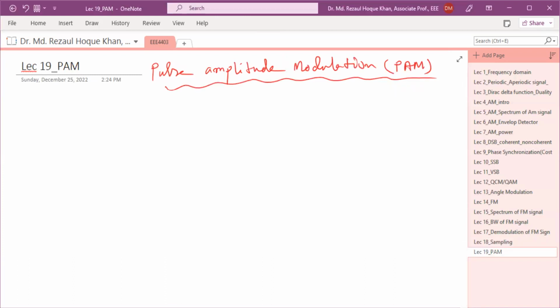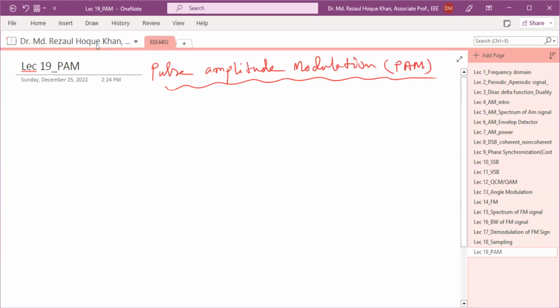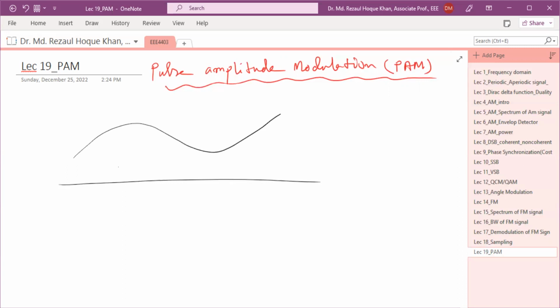In our previous case, where we used a train of pulses, we actually had impulse based sampling.